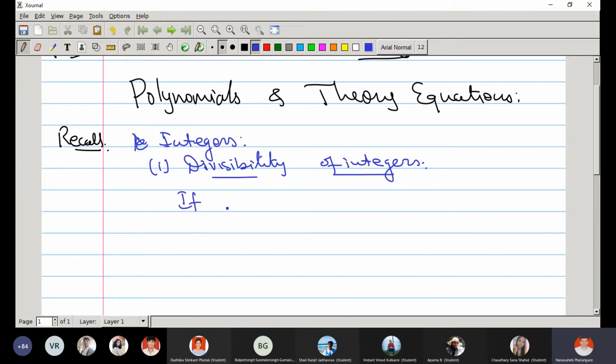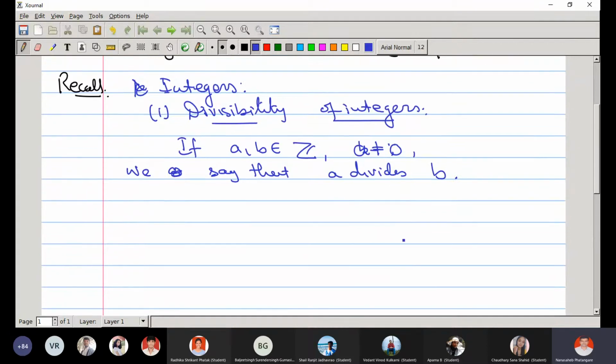If a and b are integers and a is not equal to 0, then we say that a divides b.